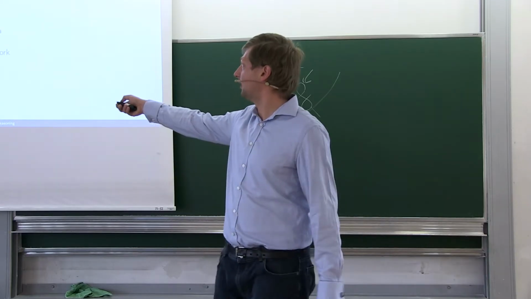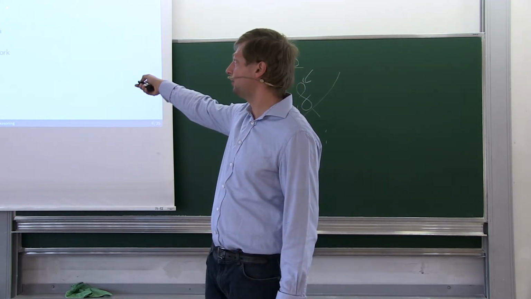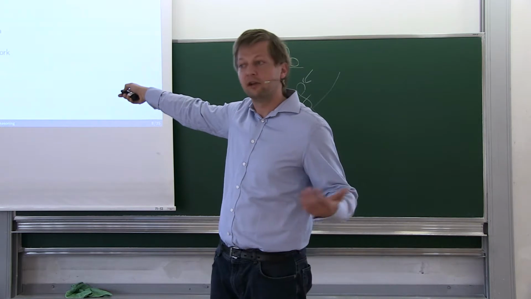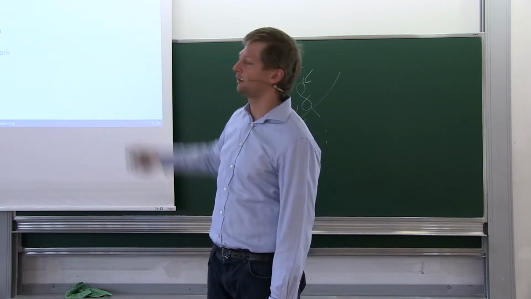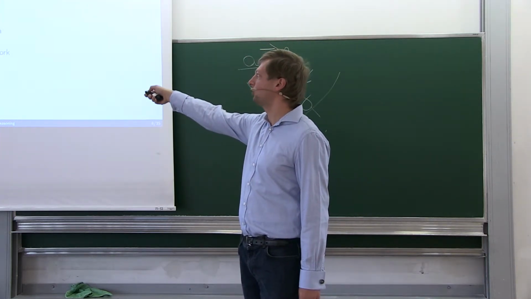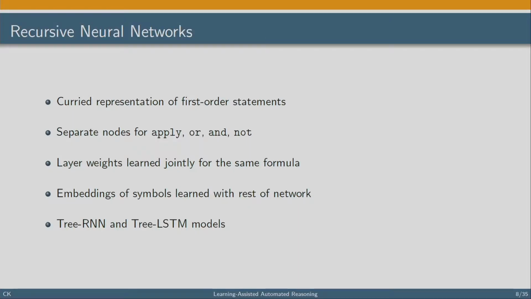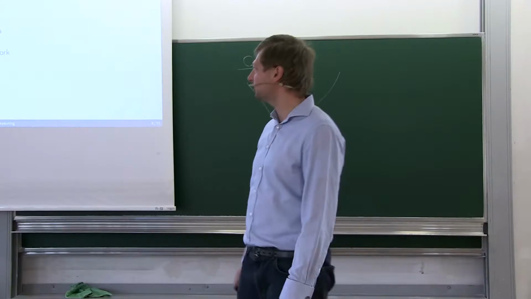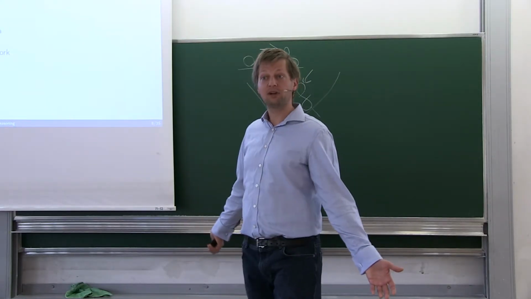So we have a curried representation of first-order statements where we have an apply node, and there is a cell corresponding to the apply statement, a node for or, a node for not, and these are shared across different formulae, and the weights are learned jointly across different examples, but at the same time, the structure of the network would be different everywhere, depending on the shape of the individual formula. So we're doing this essentially like a tree model. This is much more natural when it comes to logic.